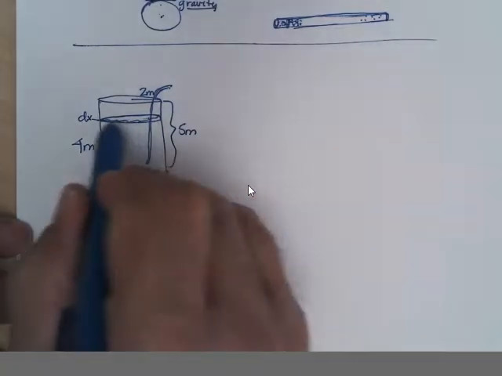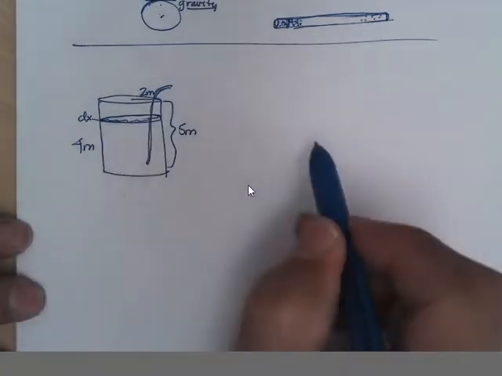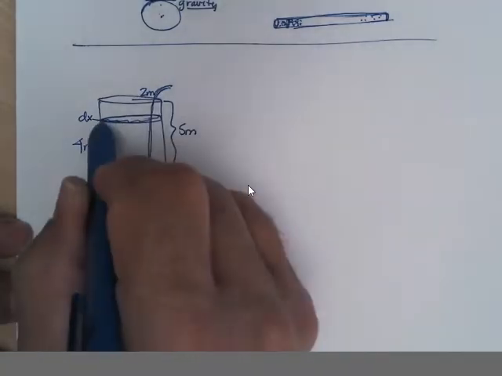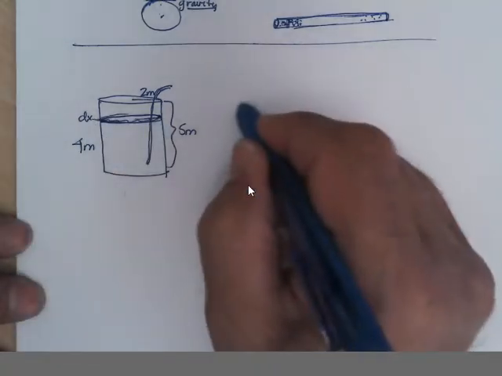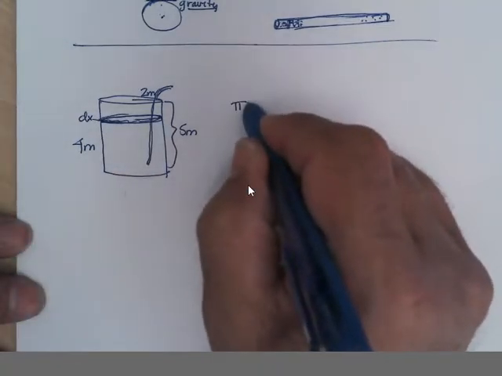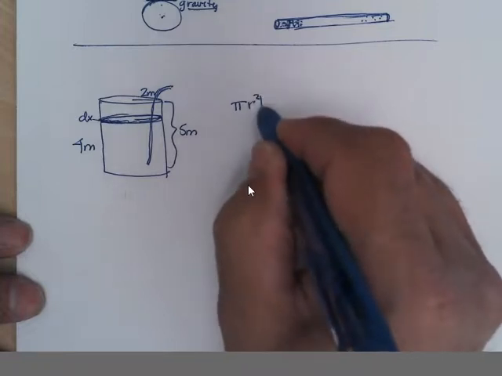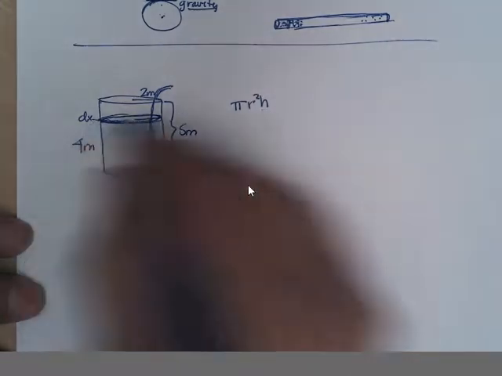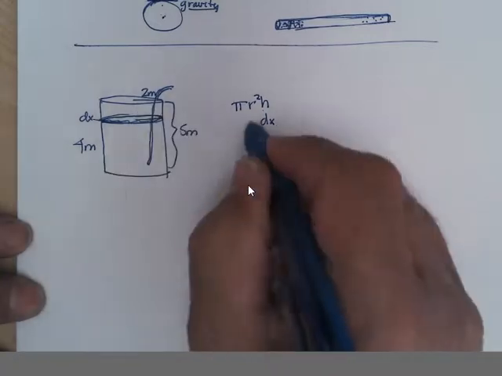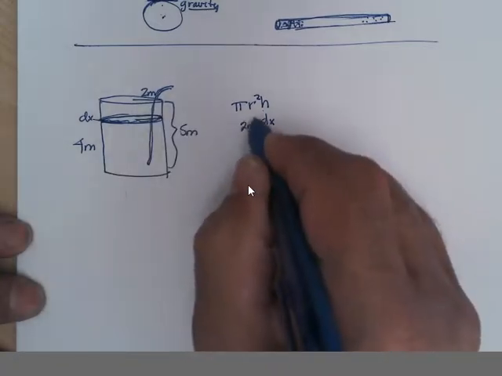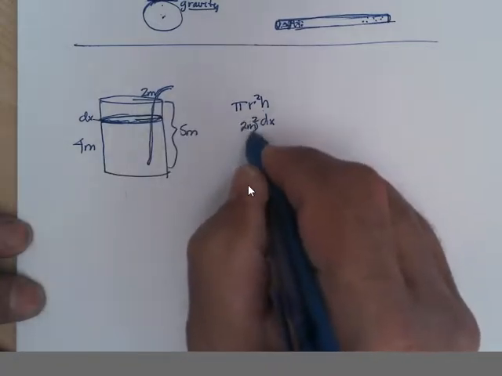And so if it's a circular tank, radius 2 meters, the volume of this slice of water would be pi r squared h, but the h would be dx. The r would be 2 meters quantity squared.